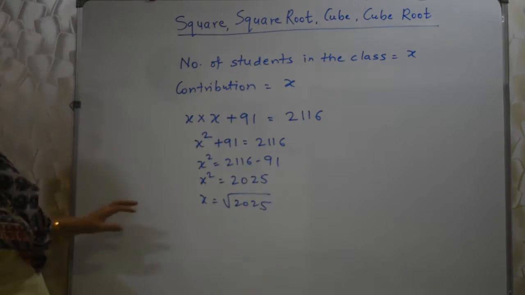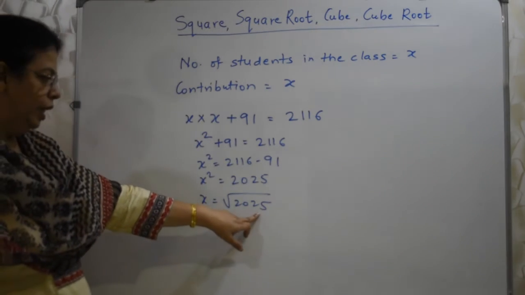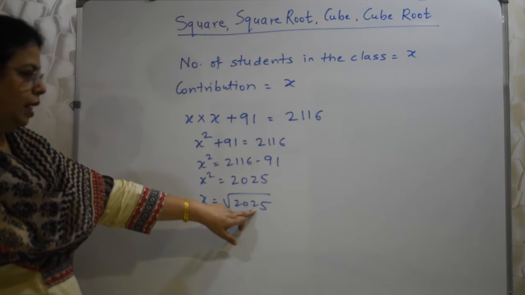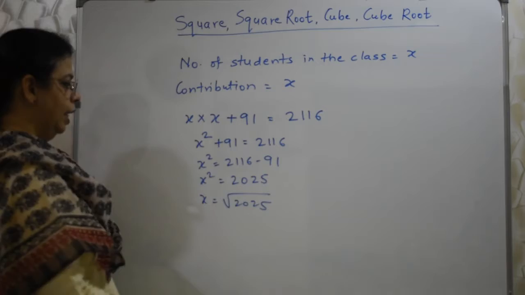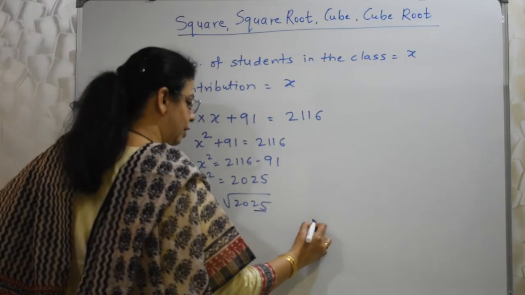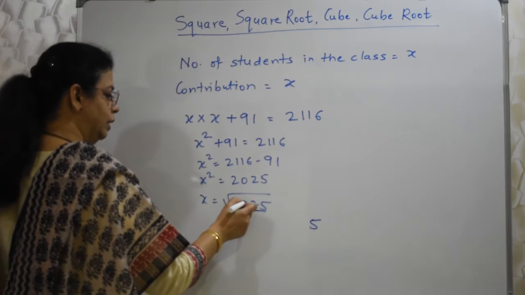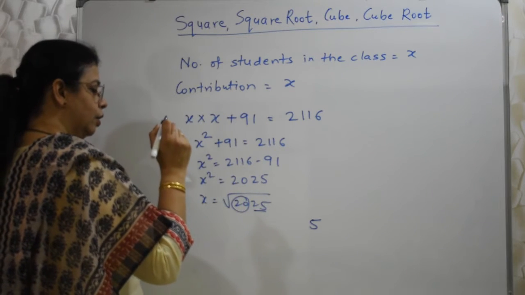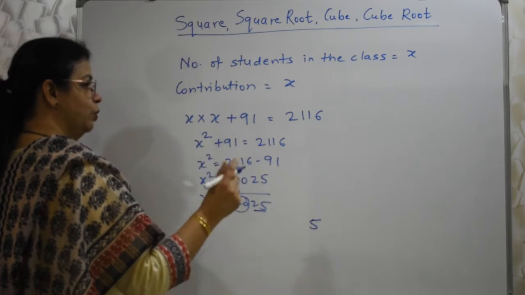What is the square root of 2025? I have told you in the beginning, when the number has 5 at the last, the second last has to be 2. Then how to find out this square? इसका 5 आएगा and 20 जो बचा है, find out the pair of factors which are consecutive.